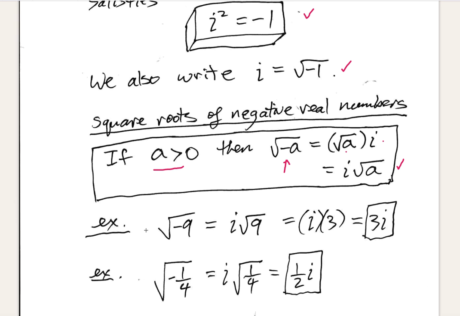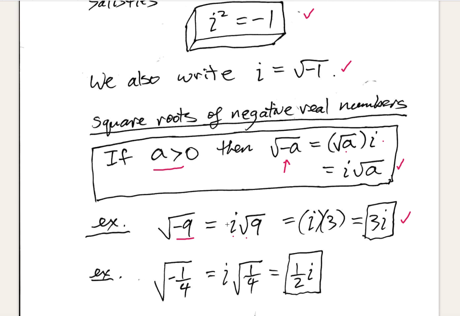Let's take an example. If I was going to take the square root of -9, then I'm going to have i times the square root of 9. Now the square root of 9 is 3, so that's i times 3, or better written 3i. You can actually square 3i, and if you think about it, 3 squared is 9, i squared is -1, so 9 times -1 is -9.